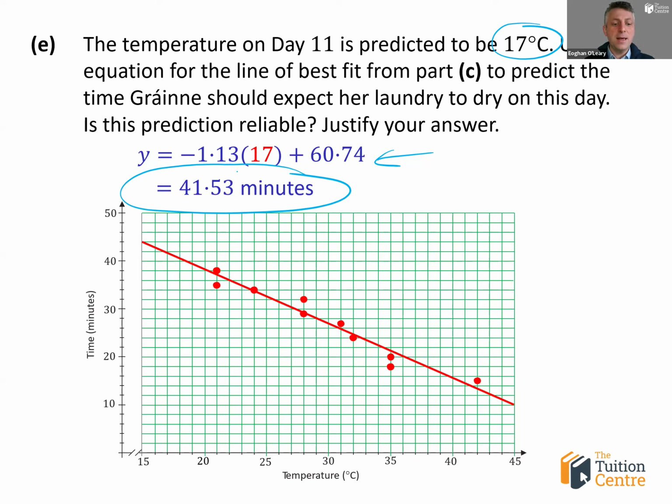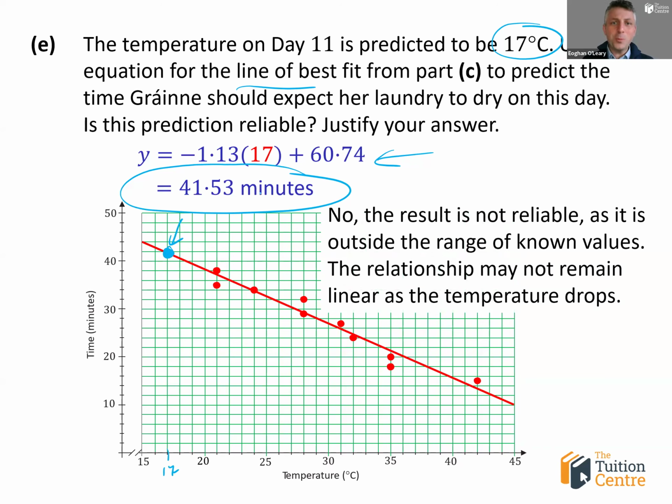If you're closer, you get higher marks. So at 17 degrees, you get 41.53 minutes. And so that would be this point here, based on your line of best fit, based on your equation. You can use the line of best fit and go up from 17, or use your equation, and in either case, it'll bring you to the same point.